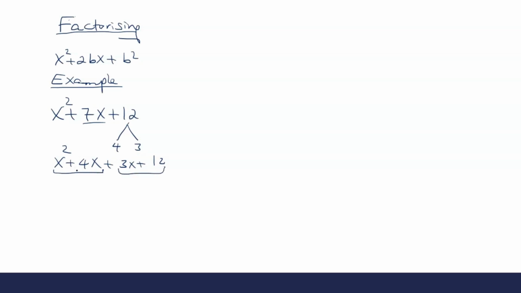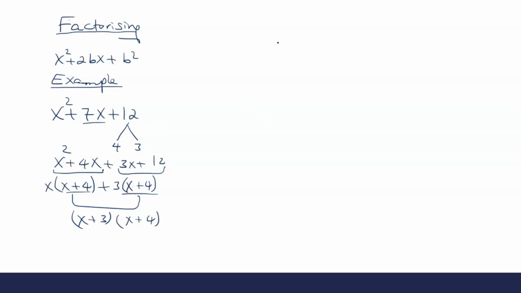The common factor between the first two is x, and the common factor between the last two terms is 3. Since these two brackets are the same, we take 1. Therefore, (x plus 3)(x plus 4). And that's how we factorize this.